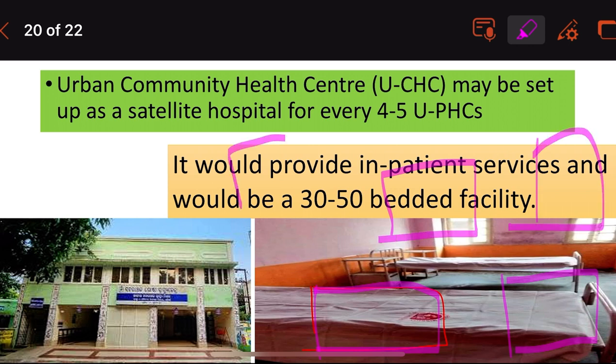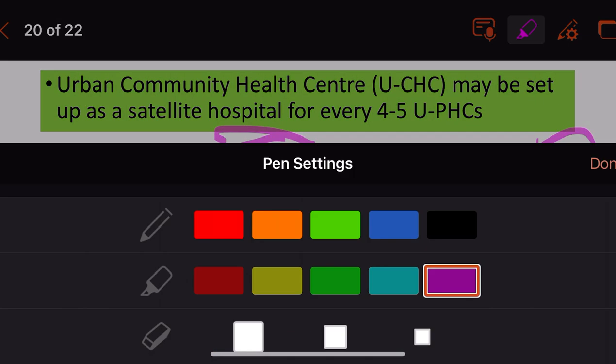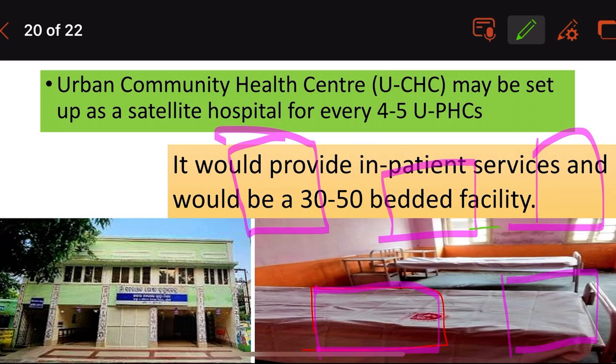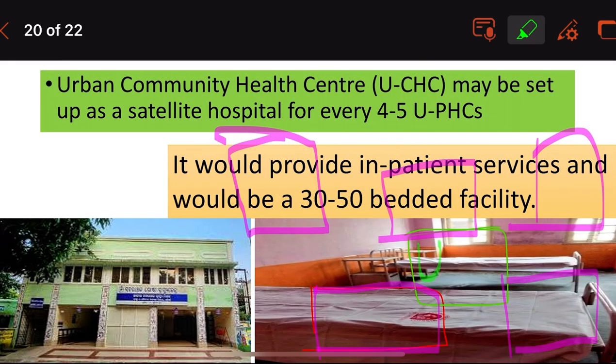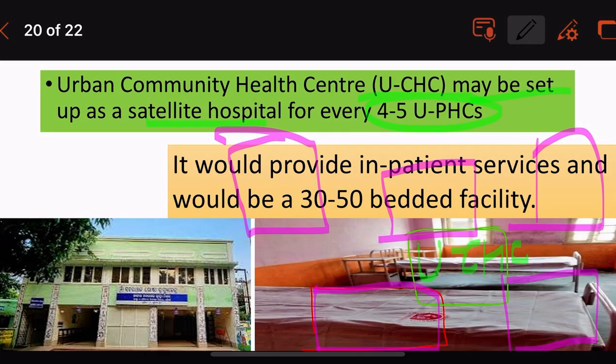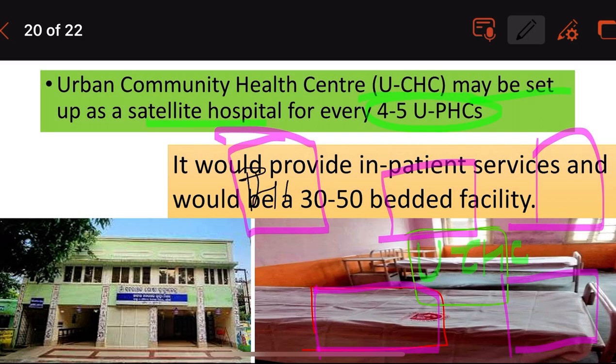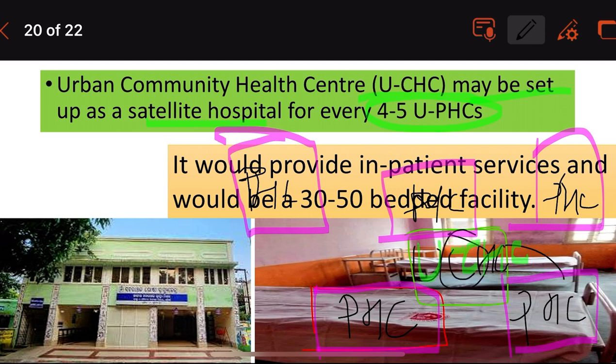We have about 4 to 5 urban PHCs, and for these 4 to 5 urban PHCs we will have one urban CHC, the community health center, which is a referral unit.